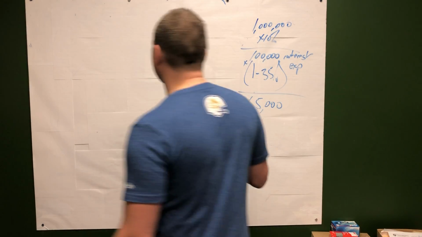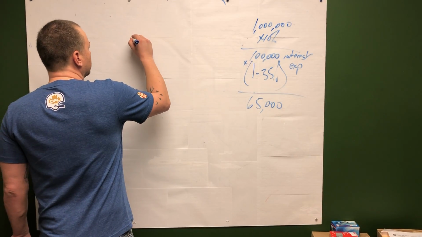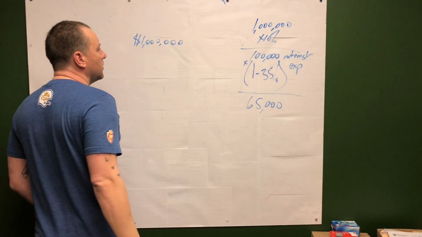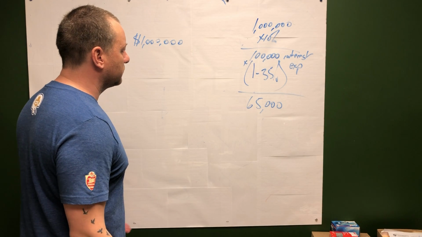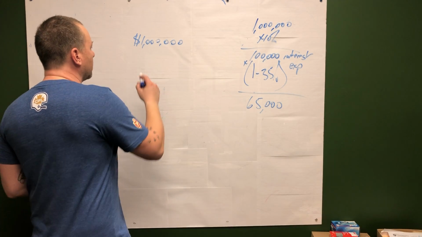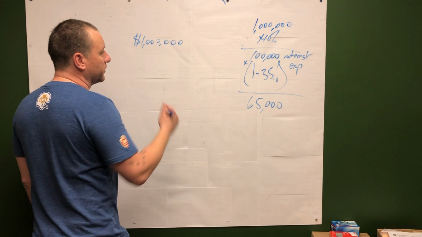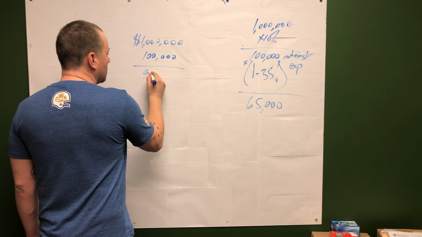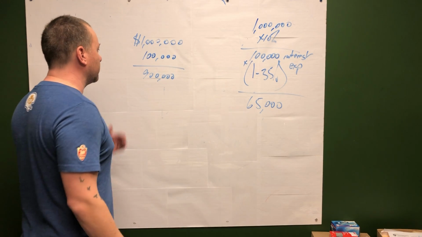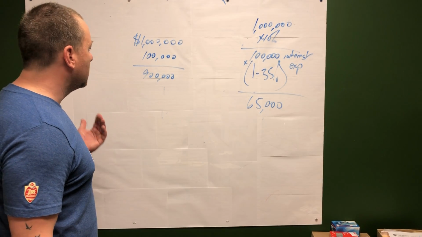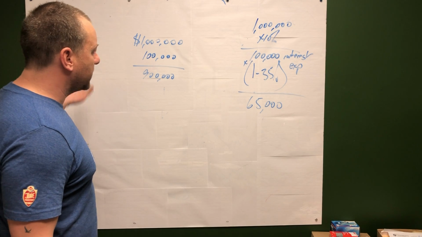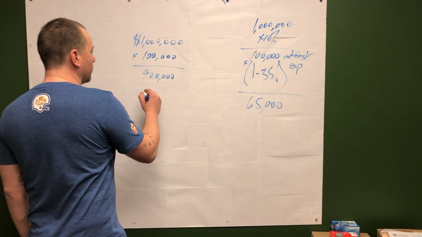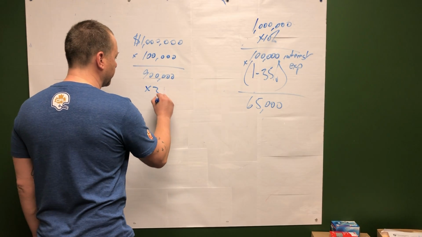Let's look at this with an example. Let's just say we had $1 million in revenue, and the only expense we have is that interest. So $900,000 is our taxable income. Then $900,000 times our tax rate of 35%.